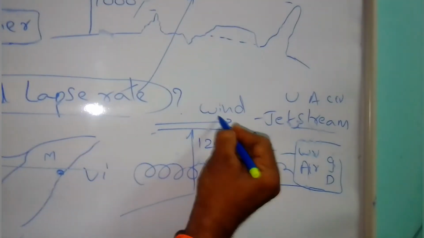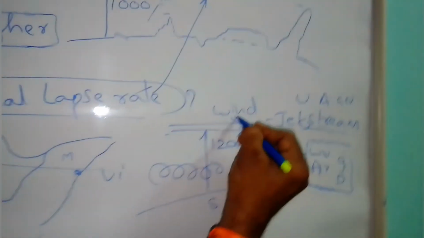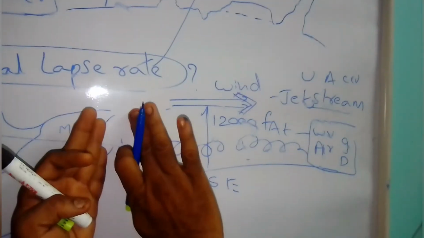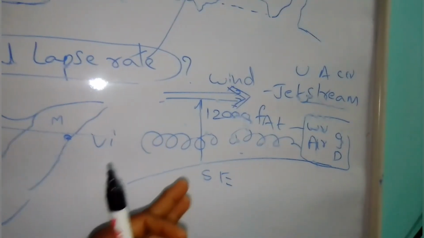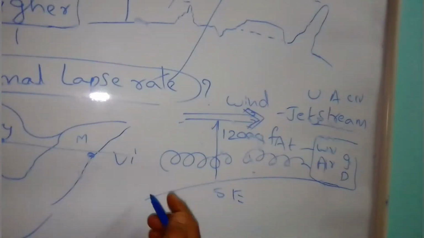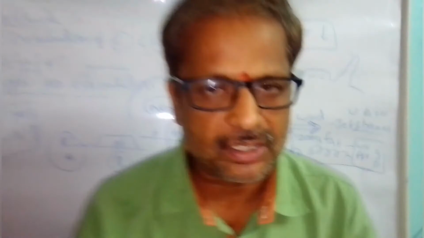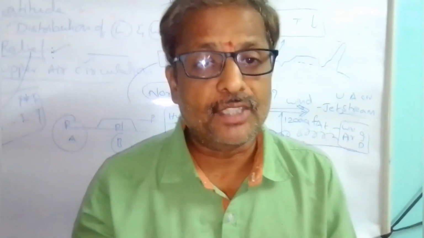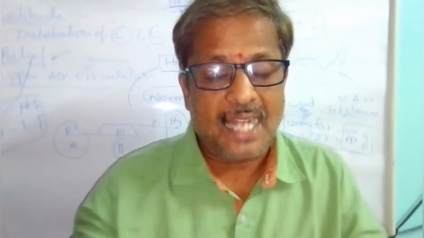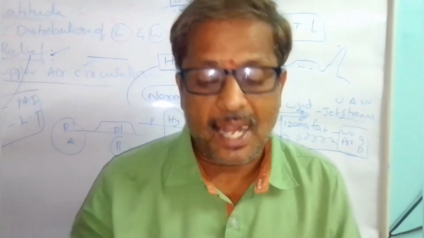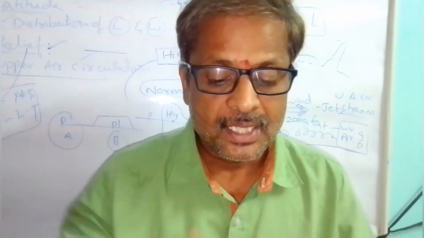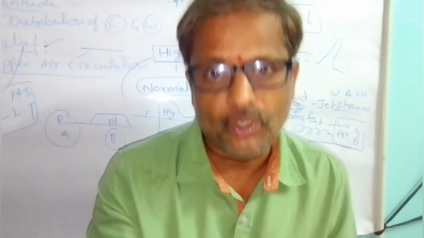Now we have to see how this speedily moving wind affects our climate. When the air is moving speedily parallel to the earth's surface, that jet stream is attracting a number of clouds, and it makes its front area cool.